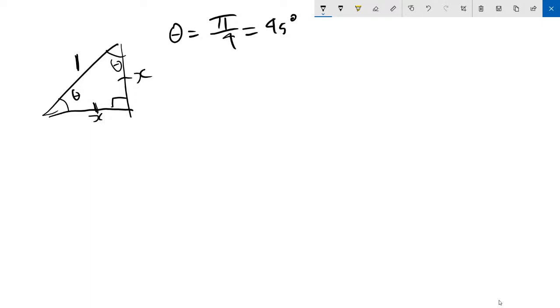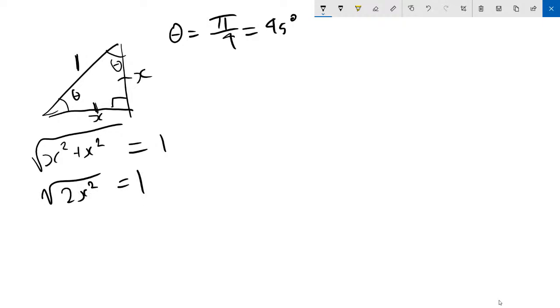By the Pythagorean theorem, the square root of x squared plus x squared is equal to 1. So the square root of 2x squared is equal to 1, so 2x squared is equal to 1, and so x squared is equal to a half.